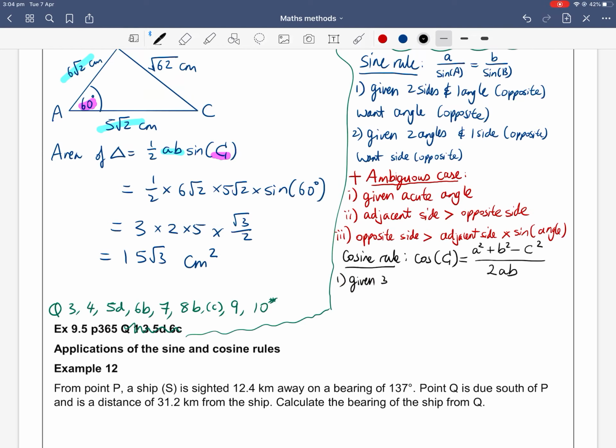So when do we use the cosine rule? Well, it's when you're given three sides and you want an angle, or case 2, you're given two sides and an angle squished between those two sides, and you want to find the third side of the triangle.